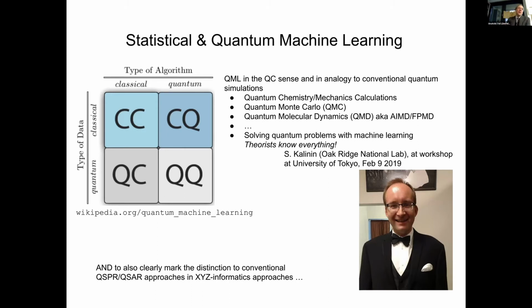And so we use classical machine learning, and there's this little 2x2 matrix here from Wikipedia, which also makes this distinction. Our algorithms are not quantum, rather classical machine learning algorithms, but our data is quantum. So we are in this QC box, if you wish.